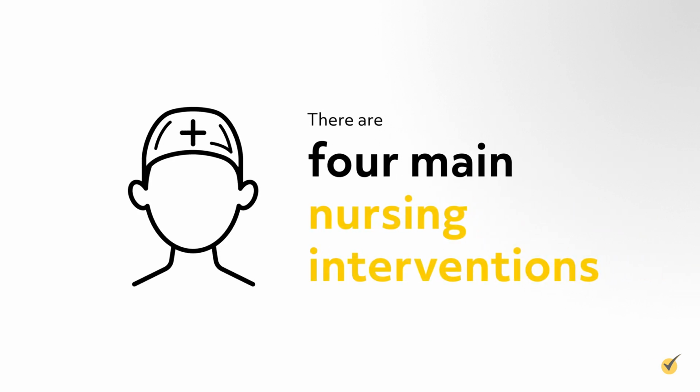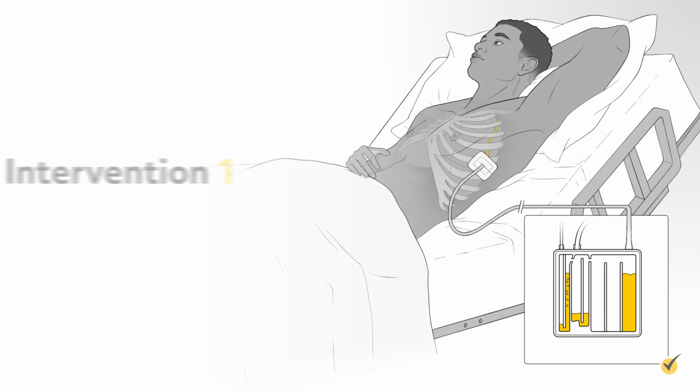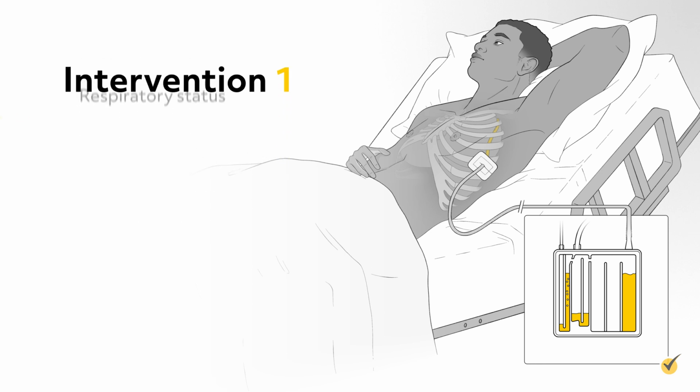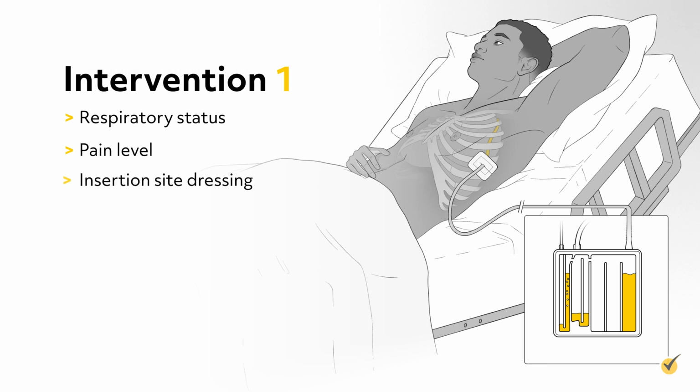There are 4 main nursing interventions to include. First is performing ongoing assessments of the patient and equipment according to facility policy for frequency of monitoring vital signs, respiratory status, which includes skin color, respiratory depth, rhythm, use of accessory muscles, O2 saturation, and breath sounds, pain level, insertion site dressing, making sure it's dry, intact, occlusive, and looking for signs of subcutaneous emphysema, patient drainage and suction tubing, looking for kinks, bends, dependent loops, loose connections, air leaks, and patency.